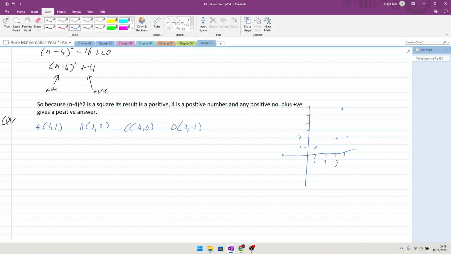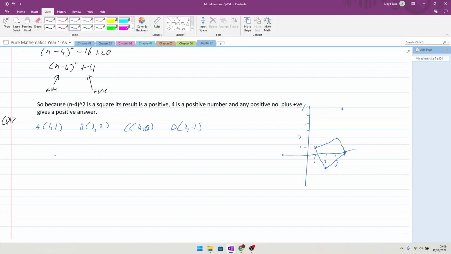And 2, minus 1 is there. That's not looking very square-like. Have I read that wrong? Oh, it's 4, 0. Okay, that makes a bit more sense, not 4, 6. That's why we sketch it out. Okay, so it looks somewhat square.